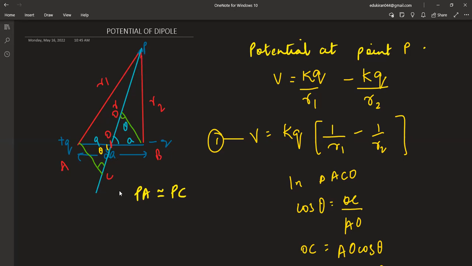This entire PC. We can say PA or PC, both are equal to, they are made up of this. PA is equal to PC. And PA plus OC.